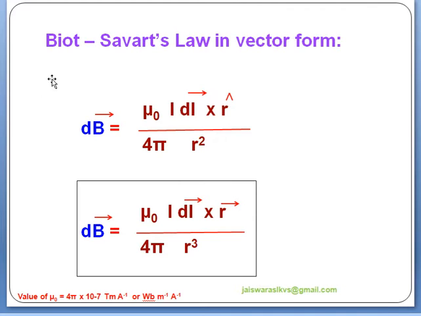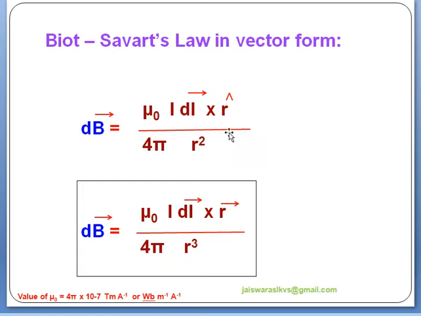So let us see the vector form of Biot-Savart law, that is dB is equal to mu naught upon 4 pi, I dl cross r cap upon r square, where r cap is the unit vector. Further it can be written as the small magnetic field delta B due to small current element dl is equal to mu naught upon 4 pi, I dl cross vector r upon r cube.